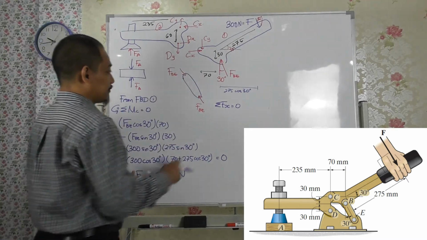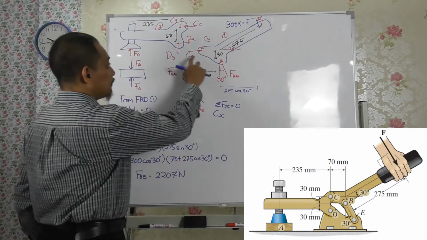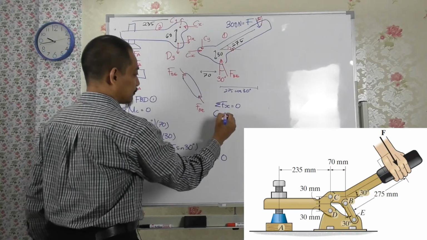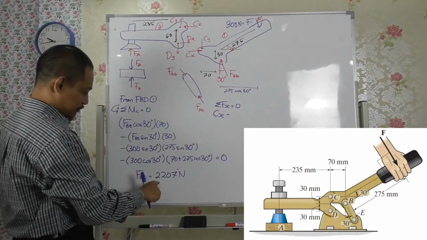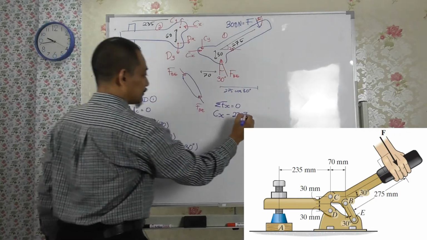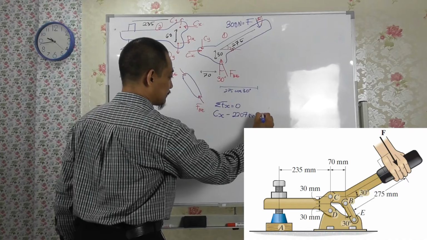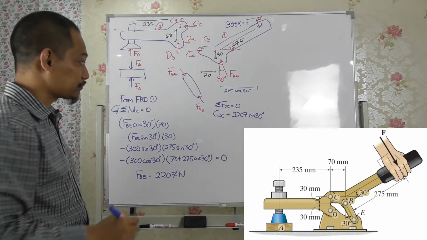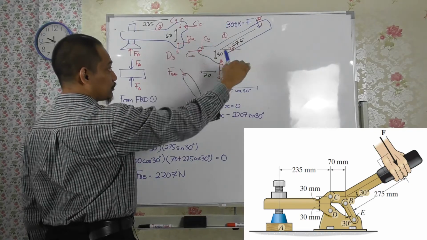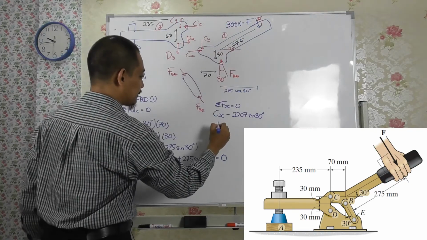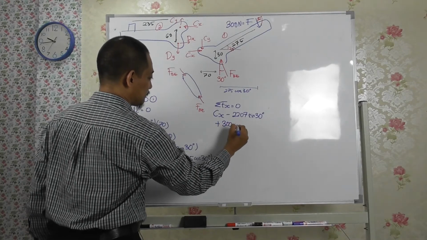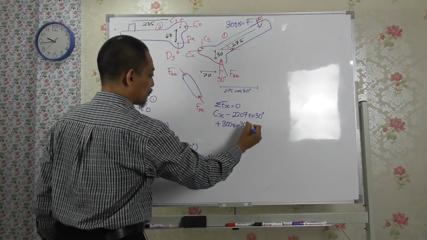And then you have Cx, and then the horizontal component of FBE, which is negative, so minus 2207 sine 30 degrees, and then that force F also has a horizontal component, to the right, so plus 300 sine 30, equal to 0.